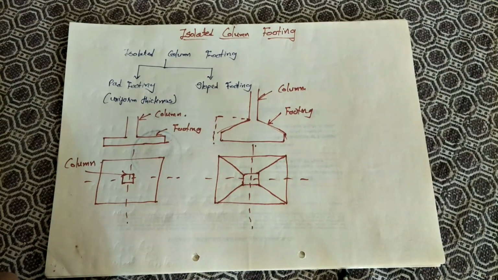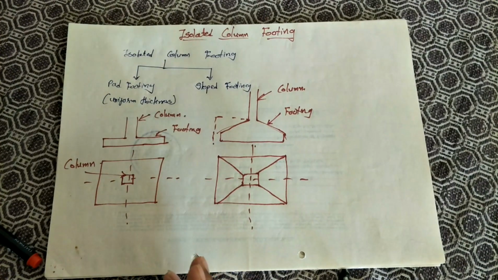Now whenever we talk about the footing, at that time we also have to consider the soil. Soil means the bearing capacity of soil. The total load of your building is transferred through the column to the footing, and that footing transfers its load to the soil.